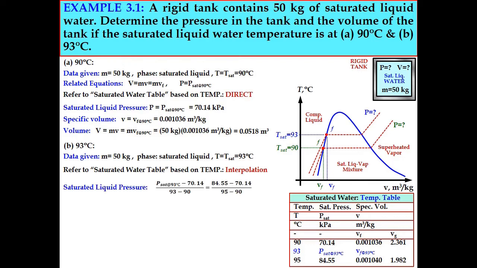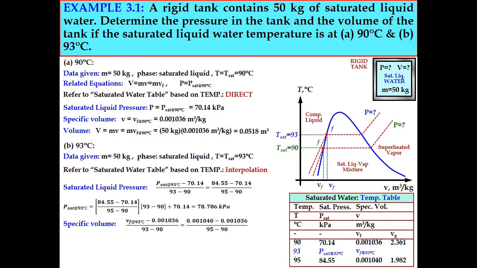So for the saturated liquid pressure by the interpolation method: P saturated at 93 degrees Celsius minus 70.14, divided by 93 minus 90, equal to 84.55 minus 70.14, divided by 95 minus 90. Rearranging the equation, we get P saturated at 93 degrees Celsius equal to 78.786 kilopascal. Okay, so we already get the saturated pressure for 93 degrees Celsius.